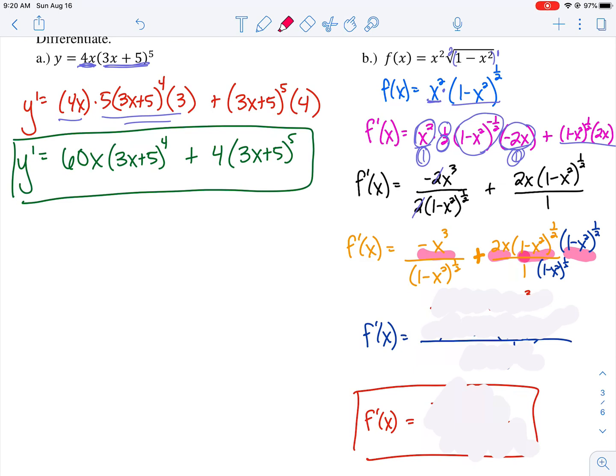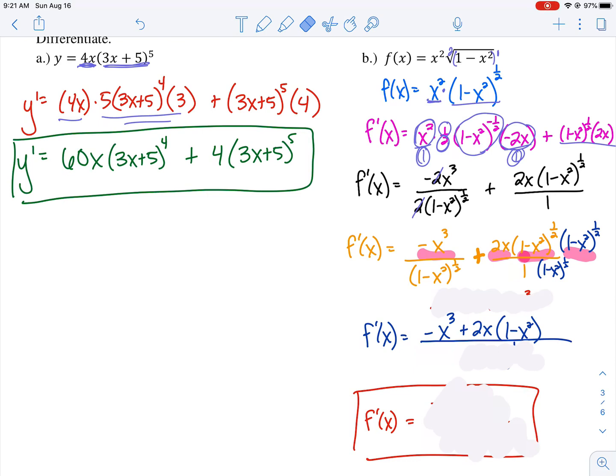And so when I multiply things with like bases, do you remember what we really do with the exponents? Yeah, we add them. So 1 minus x squared to the 1/2 times 1 minus x squared to the 1/2 is really just 1 minus x squared to the first. Don't forget you have a 2x in front of it as well. So you have a negative x cubed plus a 2x times 1 minus x squared to the first power now.